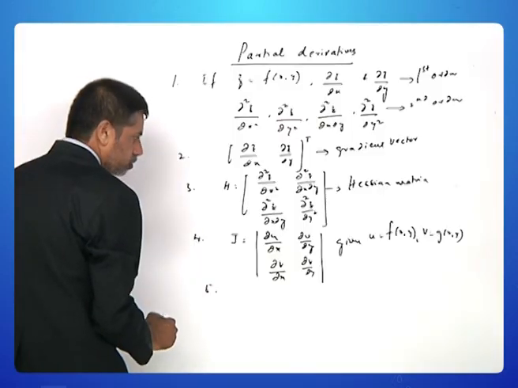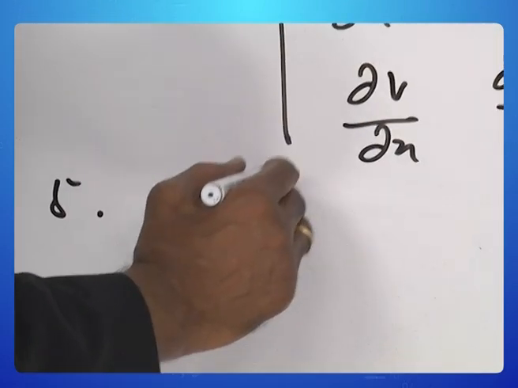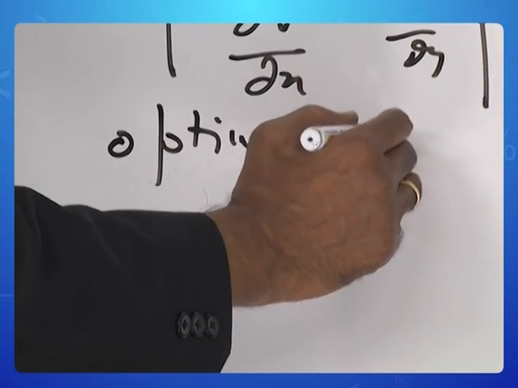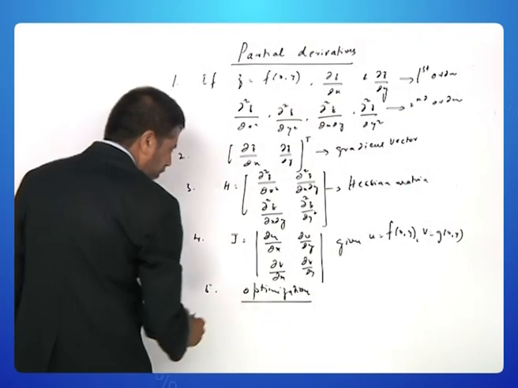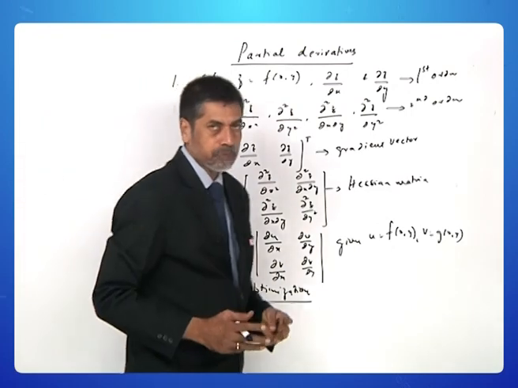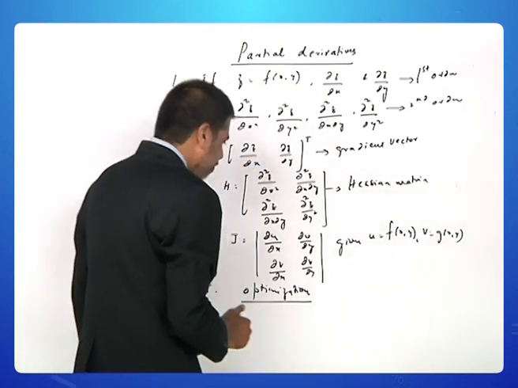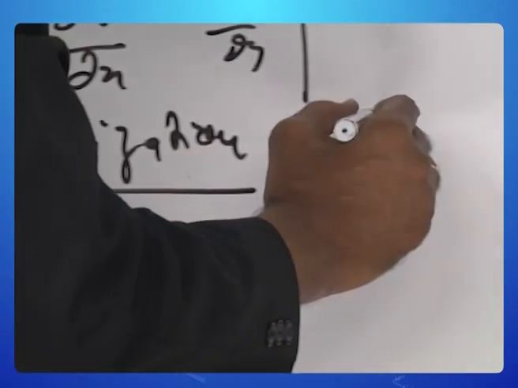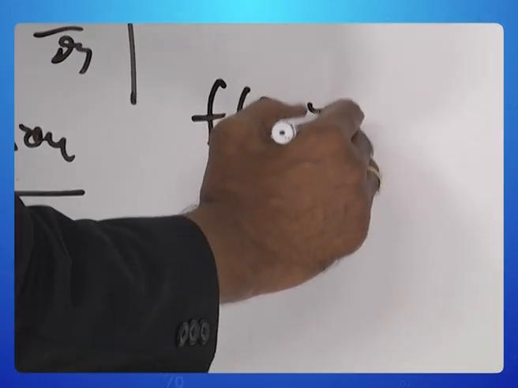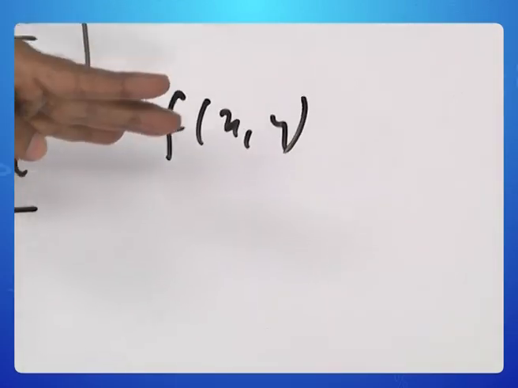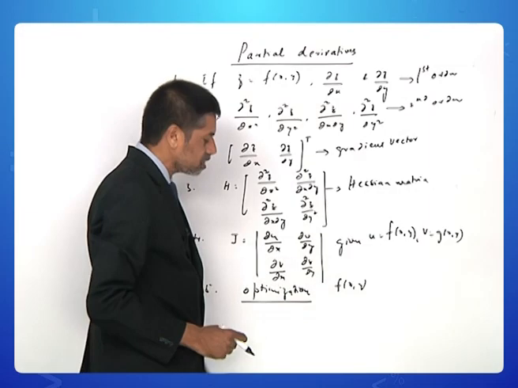Then when it comes to the problems of optimization, optimization is the process of finding out maxima minima of functions of several variables. Suppose you have a function f of xy and we want to find its maximum or minimum values, in the local sense.